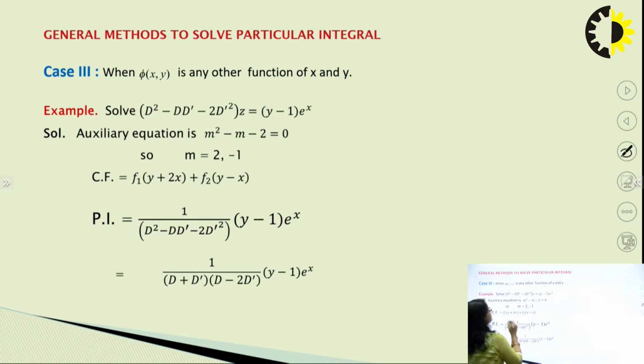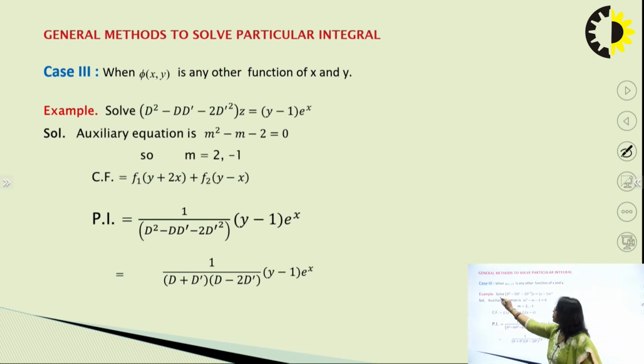So the general method is applicable to any kind of function. It could be an exponential function, a combination of algebraic, exponential or logarithmic, or any kind of function. So how to proceed for the general method? Let us consider an example.